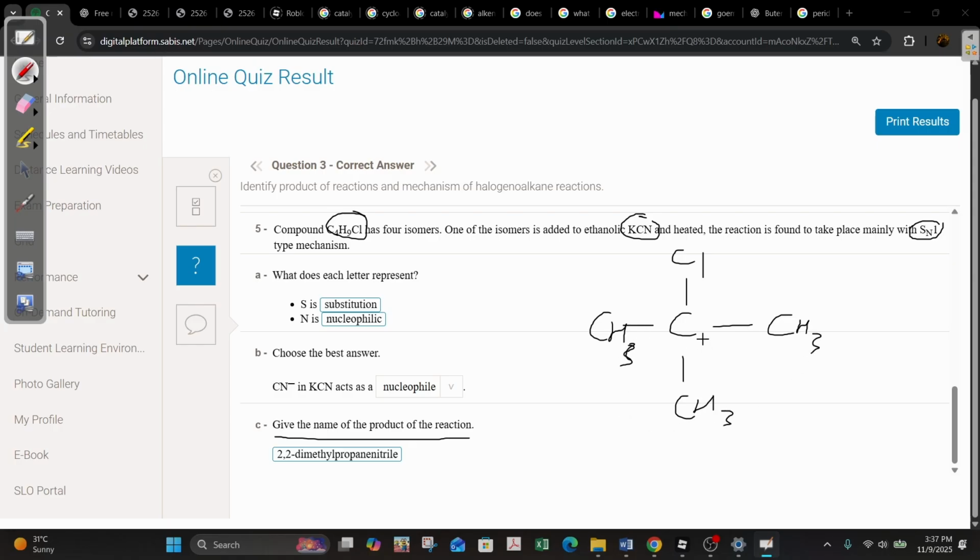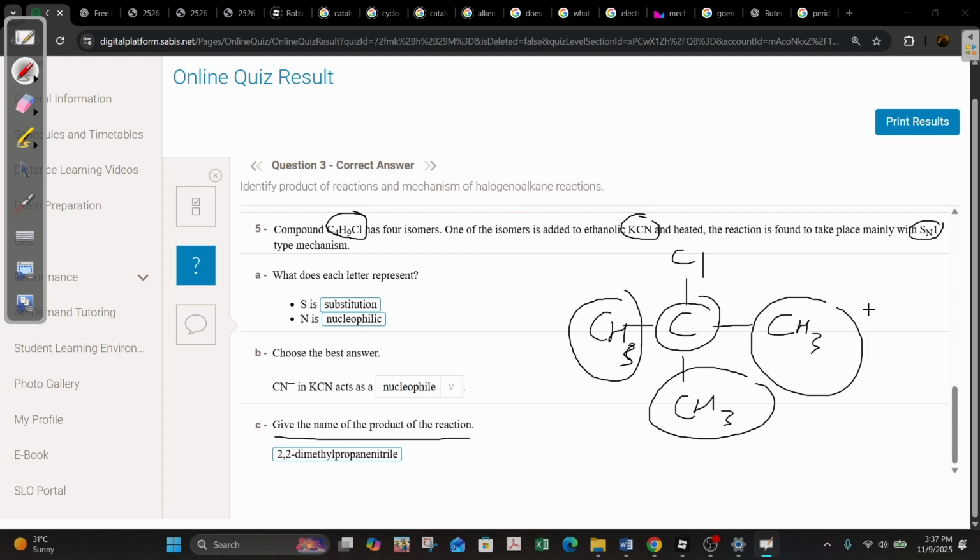This carbon right here has three R groups: one, two, and three. Then CN replaces Cl, it will replace it like that. The intermediate will be a tertiary carbocation, and the reaction that takes place here is an SN1 reaction.